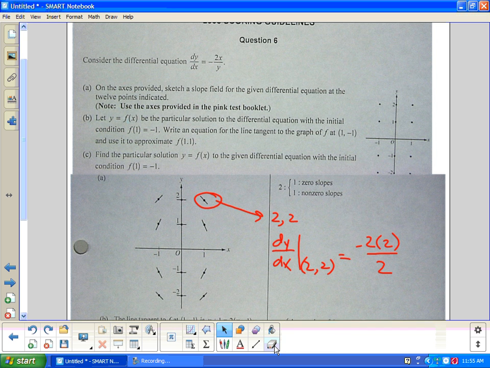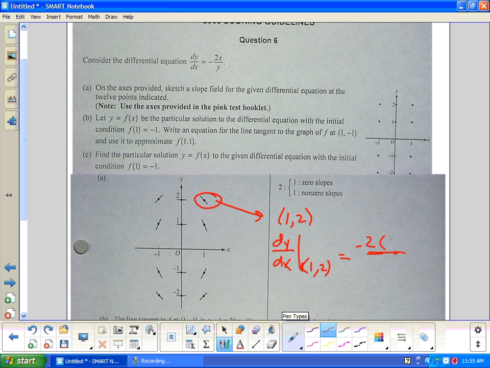I was in such a hurry. This is (2, 1) for a point. My bad. So it is, now I got this all screwed up. (1, -2). My gosh, send me back to algebra 1. (1, 2), (2, 1). I'm making mistakes like you guys now, getting in a hurry.